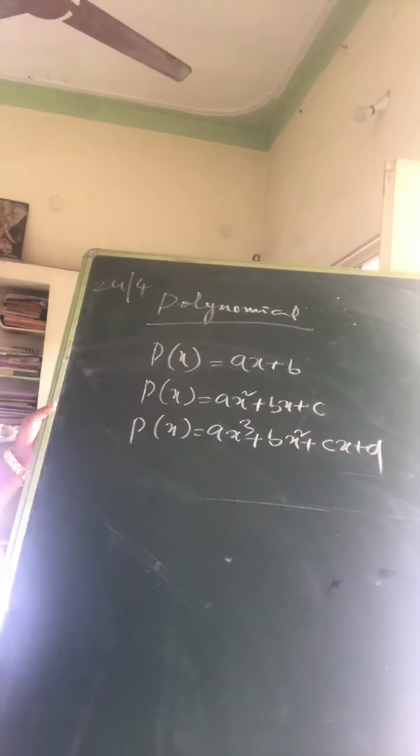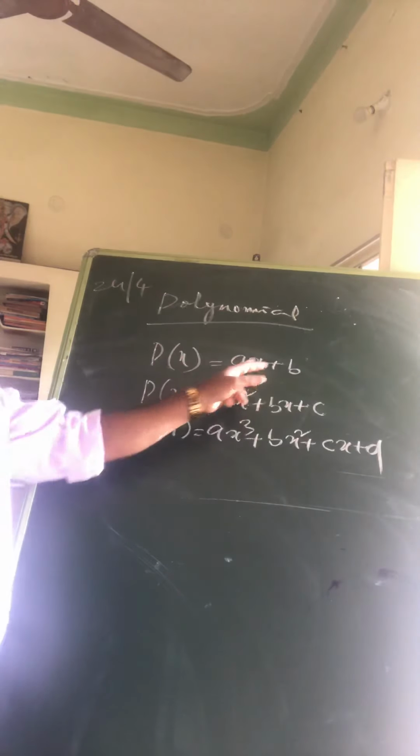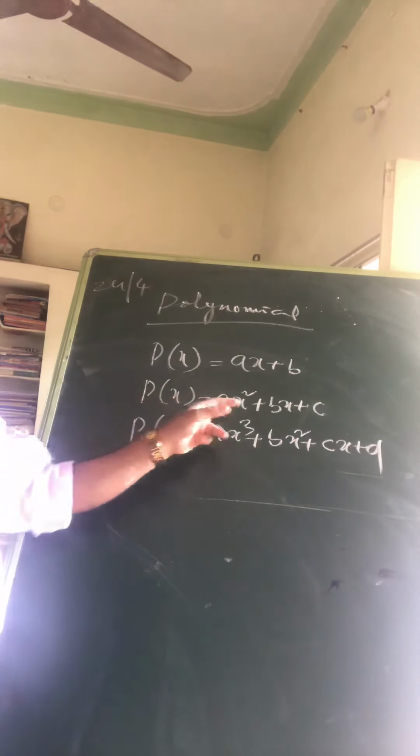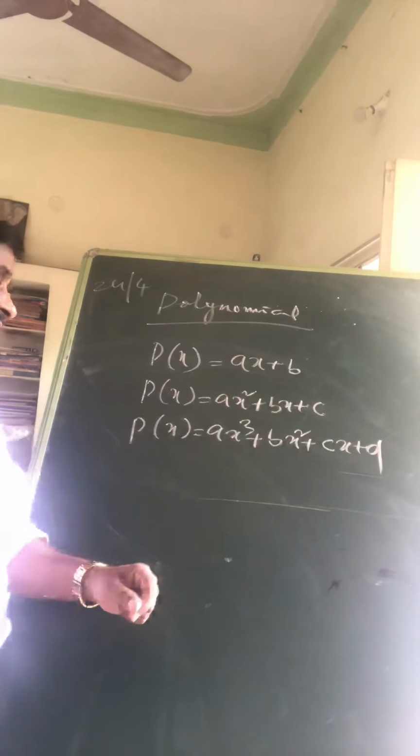This is the cubic polynomial, and these are called the general forms of the linear, quadratic and cubic polynomials. In the linear polynomial, a is called the coefficient of x, and b is the constant. In the quadratic polynomial, a and b are called coefficients of x square and x terms, and c is the constant.